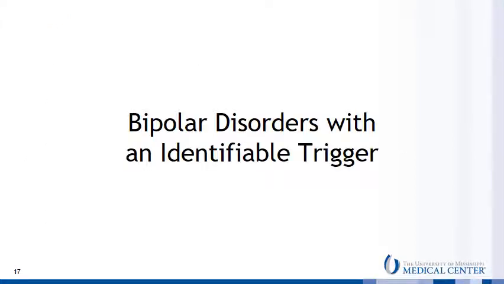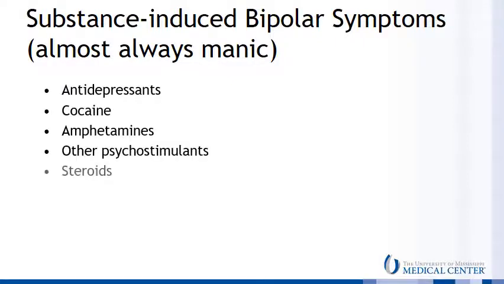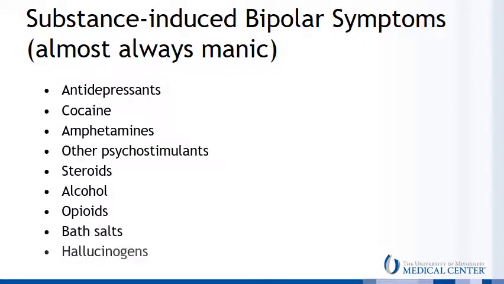As mentioned earlier, bipolar symptoms can be associated with an identifiable trigger. Most commonly, these disorders present similar to bipolar type 1, specifically the manic episode. Quite a number of drugs of abuse, as well as psychoactive medications ranging from antidepressants to hallucinogens, can produce bipolar symptoms, most commonly the symptoms of mania.